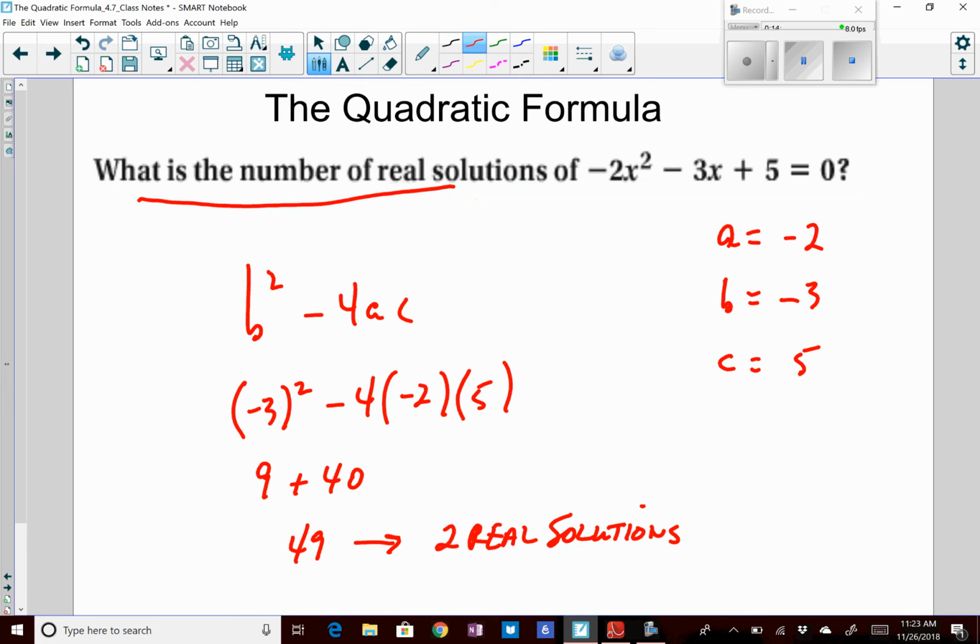Okay, so they were asking for the number of real solutions by calculating the discriminant and finding that it's equal to 49. We know that this quadratic equation will have 2 real solutions.